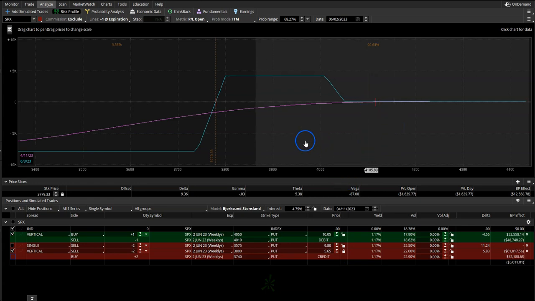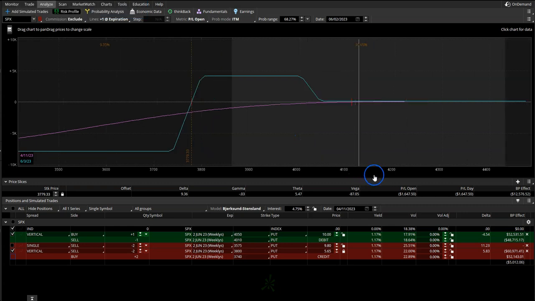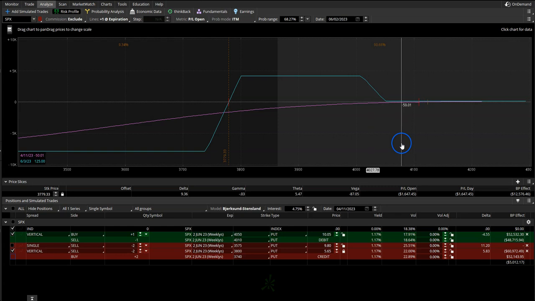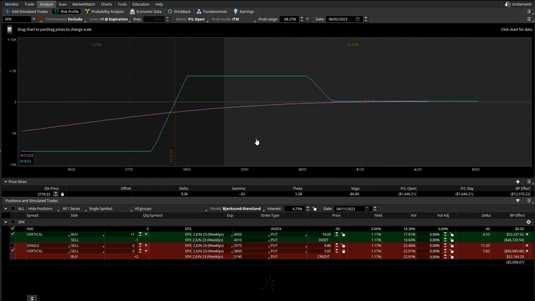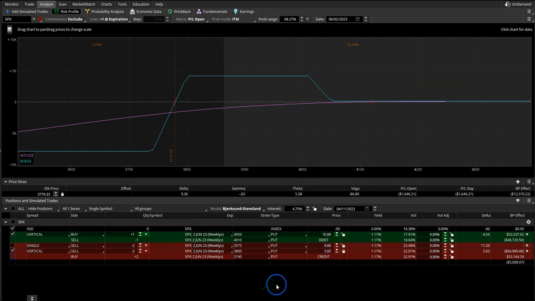Okay, so let me just shift this over a little bit. So this is what the risk graph is going to look like. It's similar to what a 112 bear trap looks like, but not quite, because the bear trap, or the max profit area, is not as wide, because the put credit spread that we'd have to sell instead of the naked option is much closer to at the money.